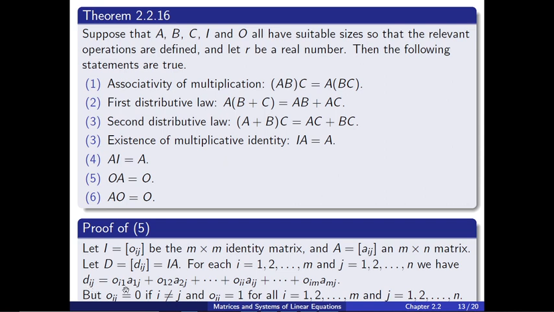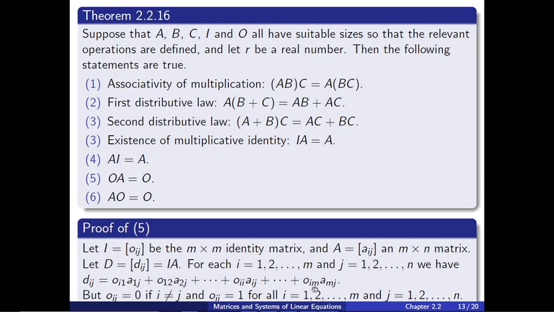d_ij is equal to o_i1 times a_1j plus o_i2 times a_2j, up until, and then we have this special entry because we know that when we are talking of the identity matrix, this o_ii is special because that's when the entry becomes 1, but the rest will be zeros, right?